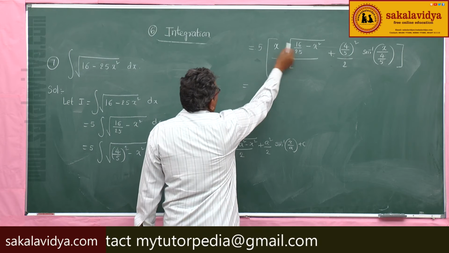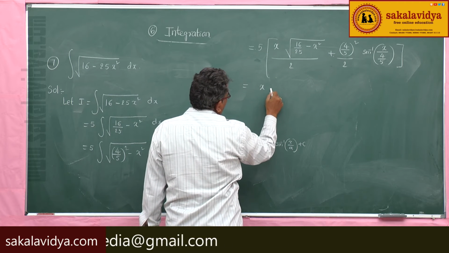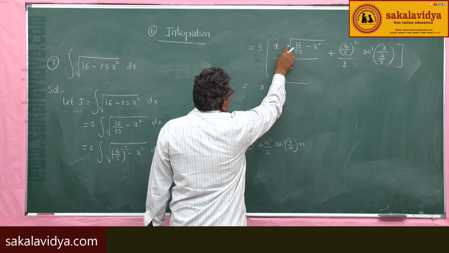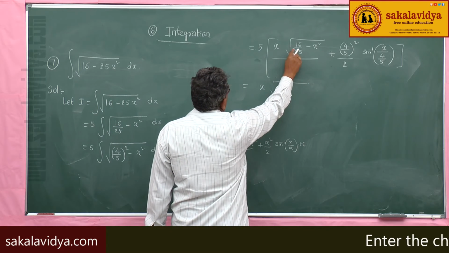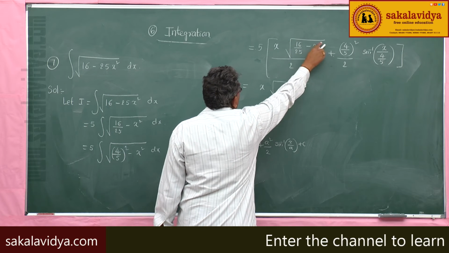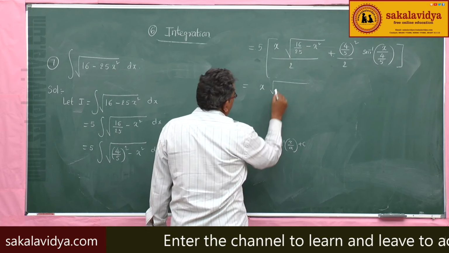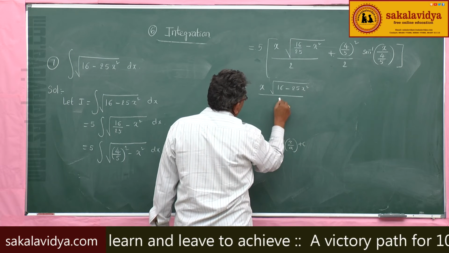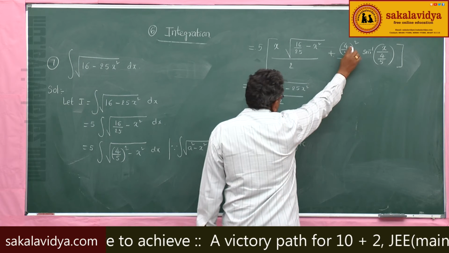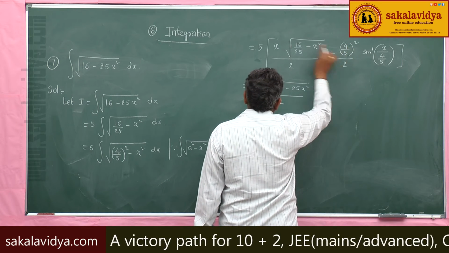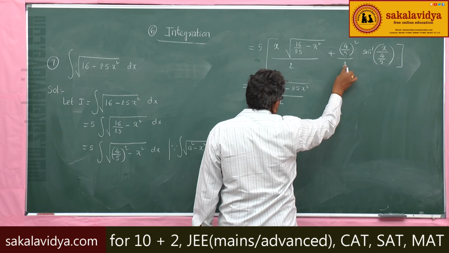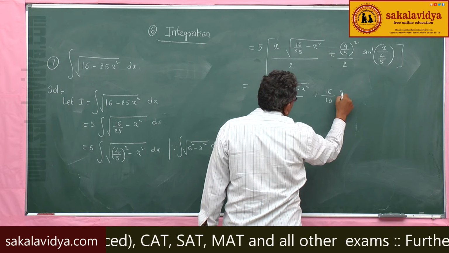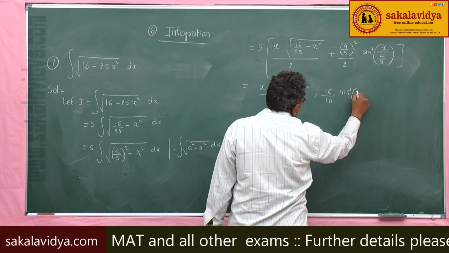Now, this we can write as 16 minus 25x square by 2 under the root, whereas this is 16 by 25 into 5, 16 by 5 into 2, plus 16 by 10 sin inverse 5x by 4.